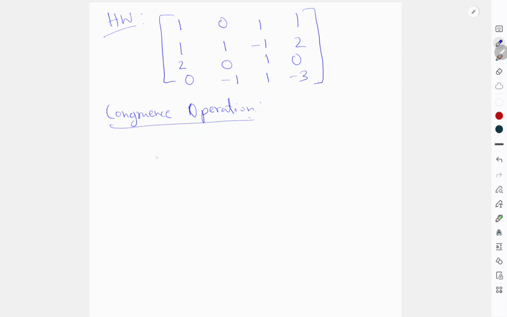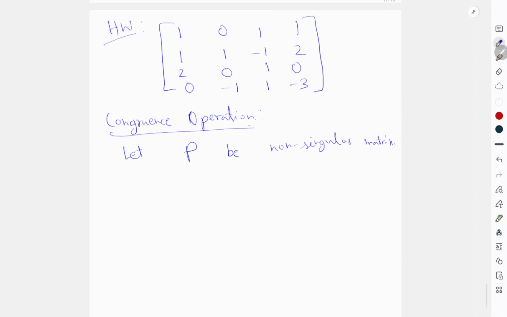So the congruence operation is: suppose you have a matrix A and let P be a non-singular matrix. Remember, whenever you have a non-singular matrix, that means it has full rank, right?